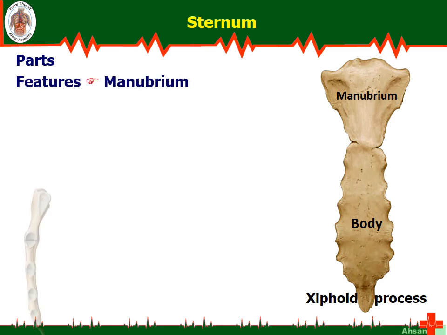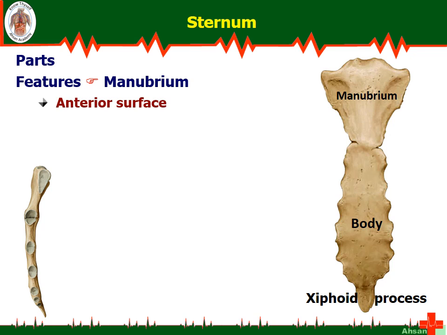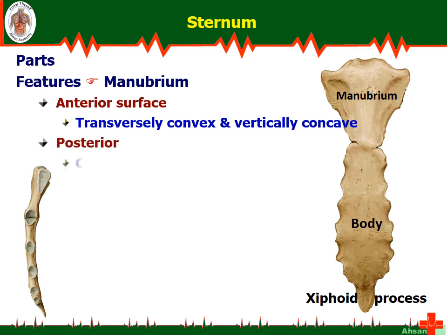The manubrium sterni is almost triangular and has anterior and posterior surfaces which are transverse. The anterior surface is transversely convex and vertically concave, but the posterior surface is relatively smooth and concave in all directions.